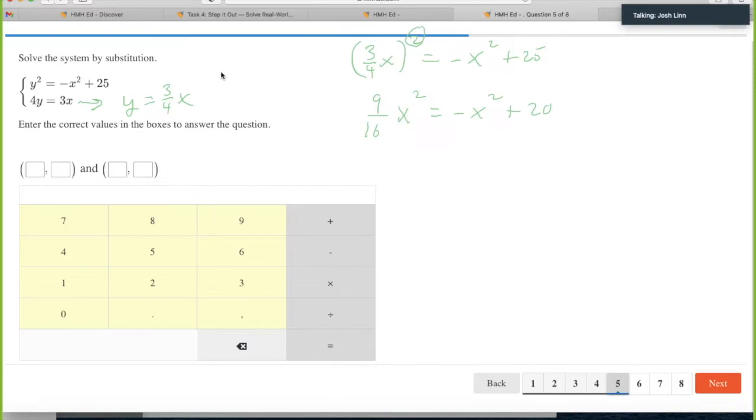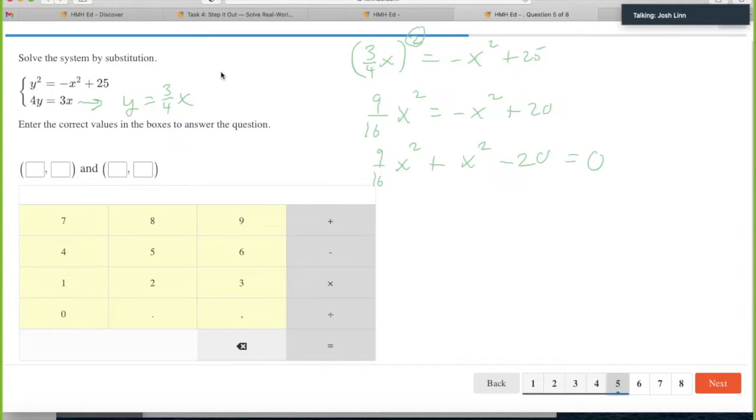So we'll move everything, I guess to the left. So we're going to have 9 over 16 x squared plus 1x squared minus 20 equals 0 (sic).